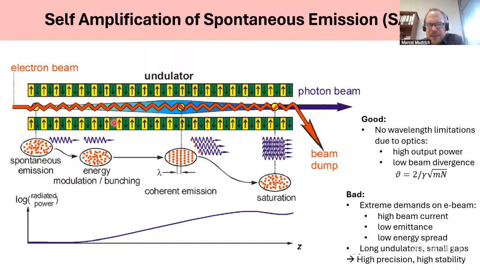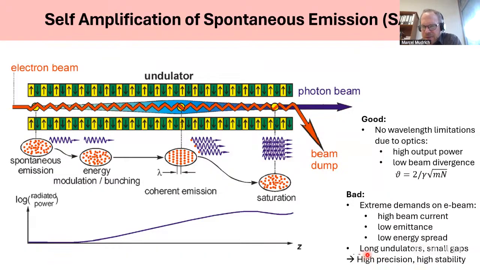And that requires very intense radiation, and that requires a very dense electron beam in the first place. So we need a very high beam current. We need a very low emittance, meaning a small divergence of the electron beam, and low energy spread. The electrons have to be all quite monoenergetic in the first place.